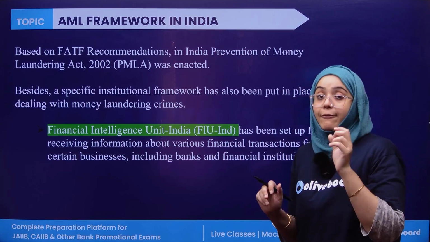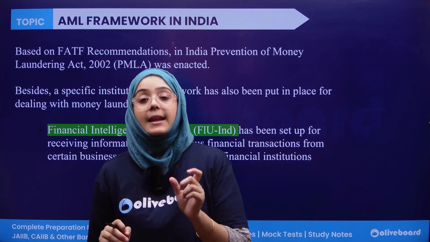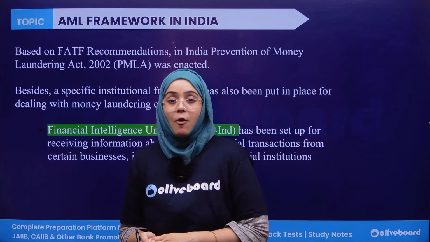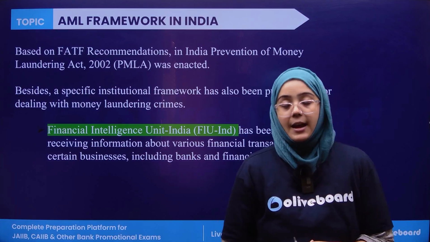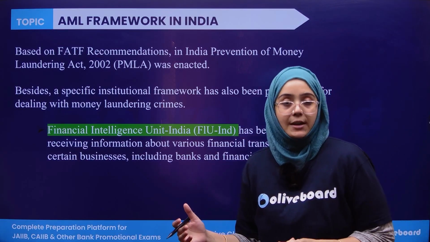Now, what is the framework currently in India? Anti-money laundering framework means how we can take steps for the reduction of money laundering. In India, all the things are by the recommendation of FATF.